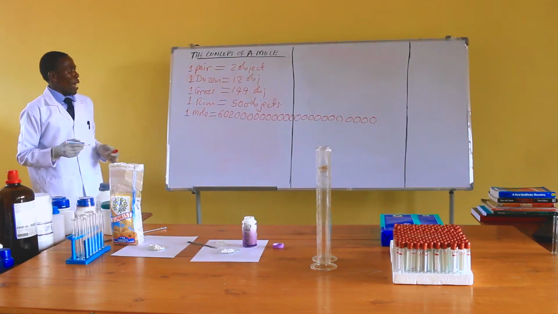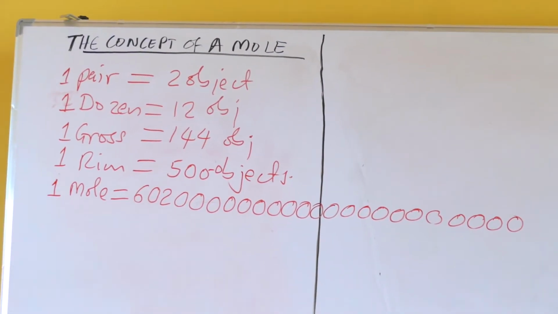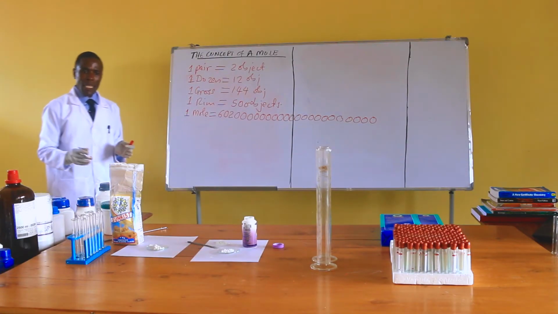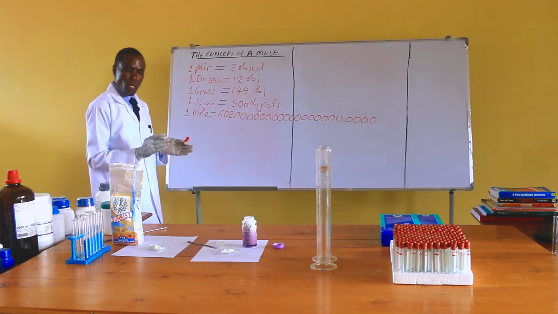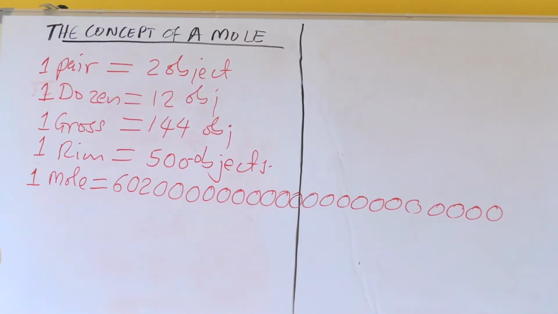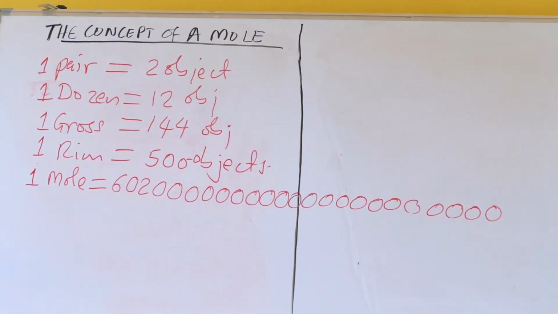Now look at this number. You can tell yourself how big that number of particles is. A very big number. So that's why I said that very small particles like these are counted in a group of millions, many numbers of particles.